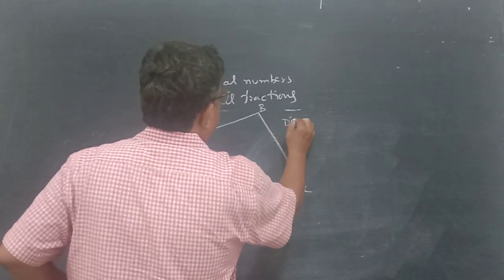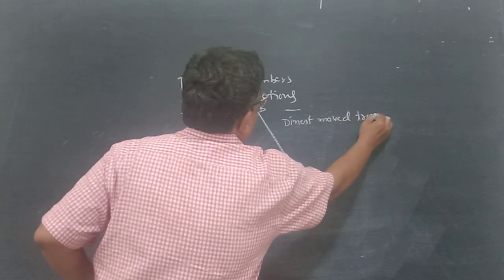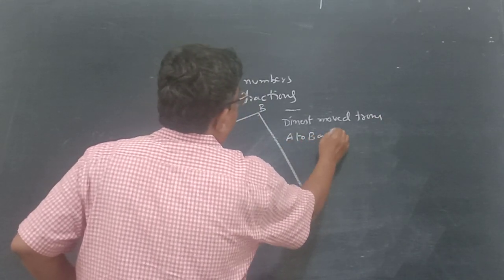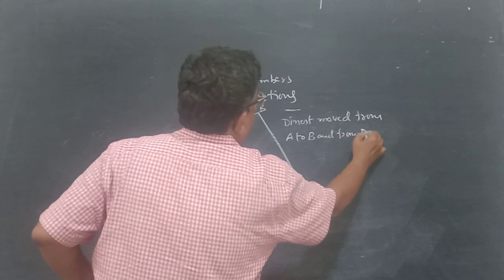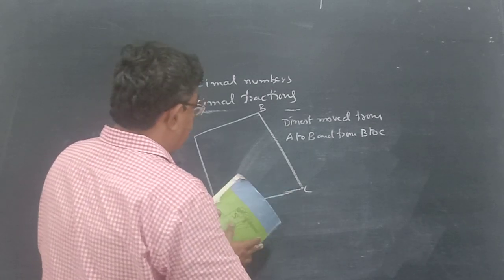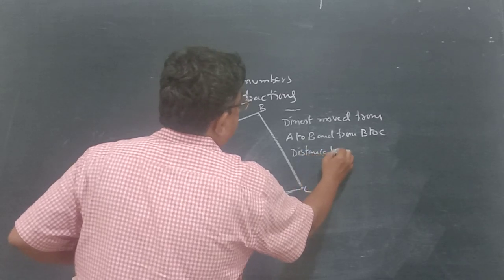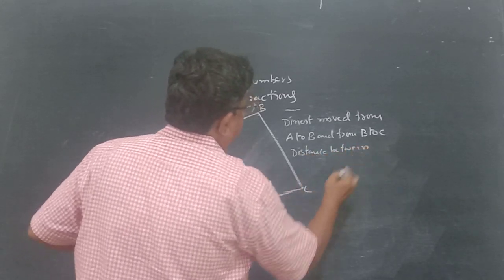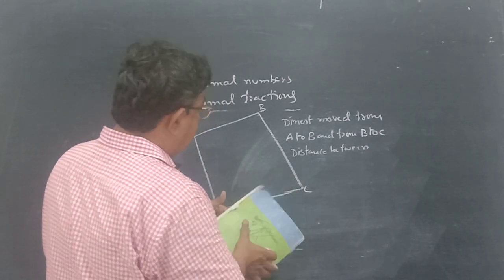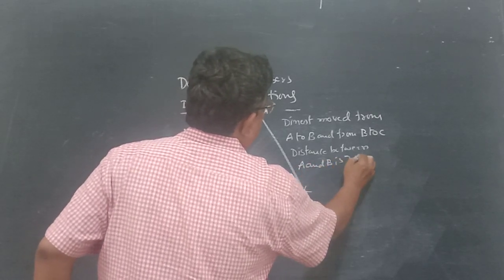Dinesh moved from A to B and from B to C. Distance between A and B is 7.5 kilometers.